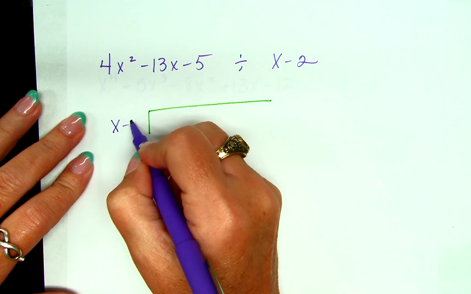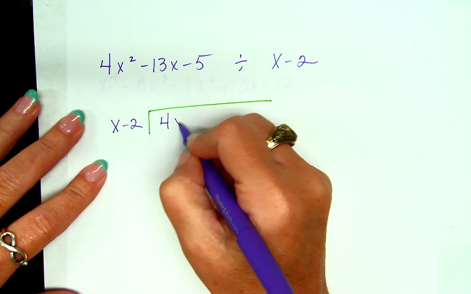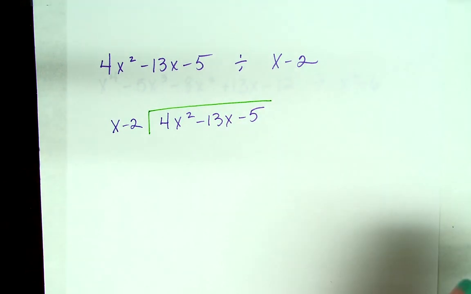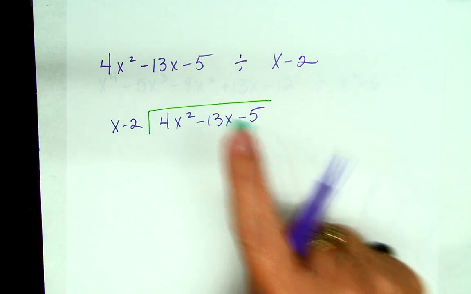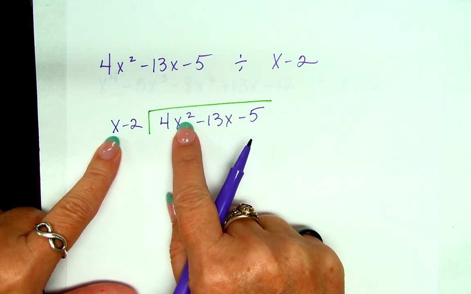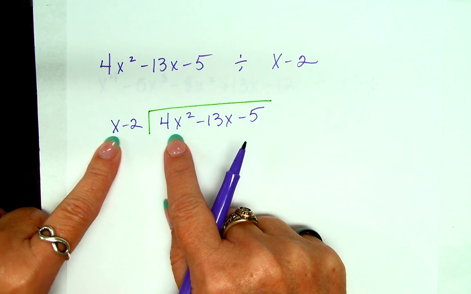X minus 2. And what goes inside my vinculum? Okay, so what do we do? Just first terms, right? 4x squared divided by x. 4x. Everybody okay with that?